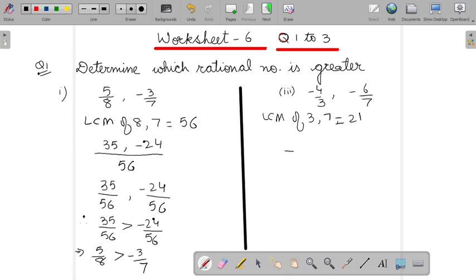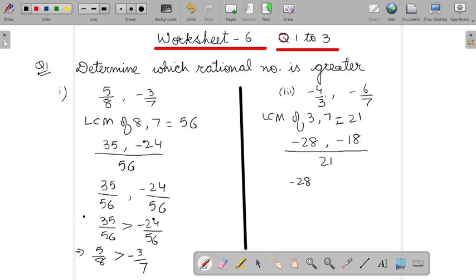Now same procedure: make a line, write 21, from below divide, from above multiply. Dividing, we get 7, and multiplying with the upper gives minus 28. Here we get 3, and multiplying with the upper gives minus 18.